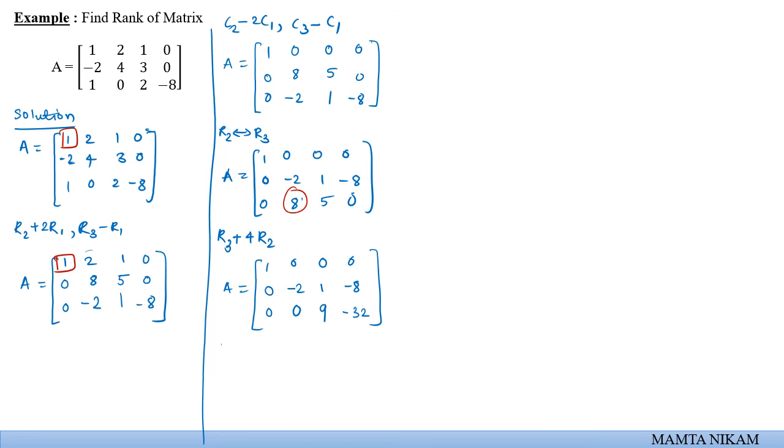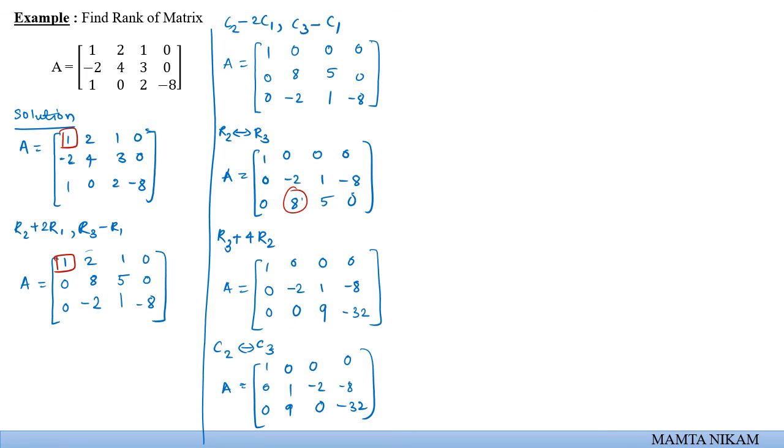That will make our transformations a bit easier. You can also keep them in their places and perform transformations. That will also do. So this will be 1 0 0 0, 0 1 9, 0 minus 2 0 0 minus 8 minus 32.